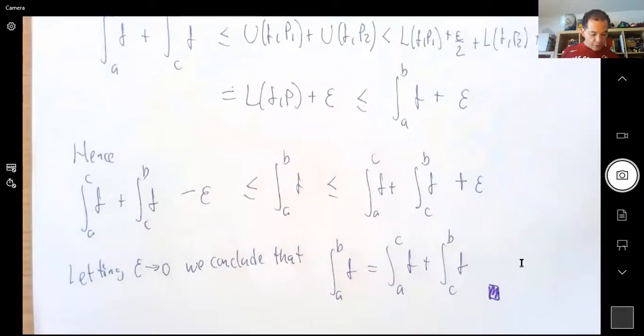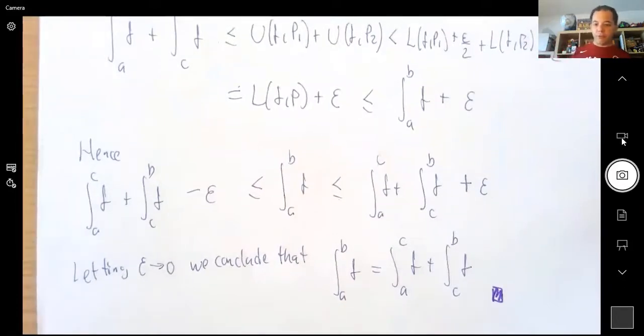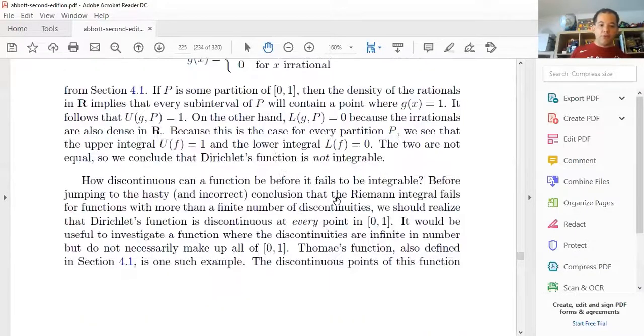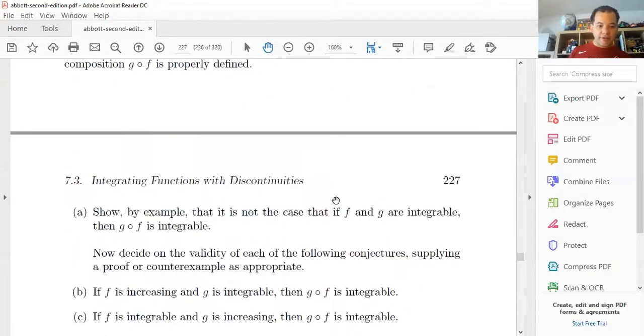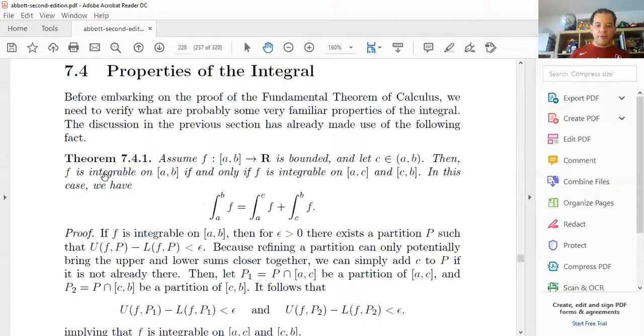Okay, so let me go back to the book. I'm not going to prove them today because we don't have time; I have like 4 minutes or so. But I want to show you at least the next few properties that we want to show next time. Right here in section 7.4, this is the one we just did.